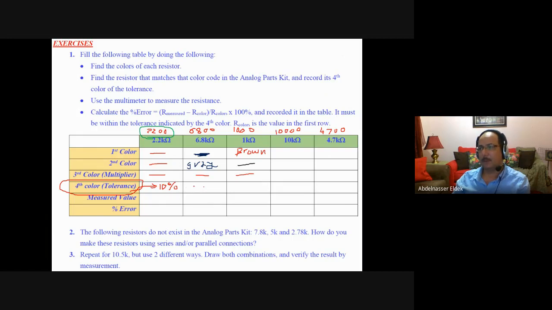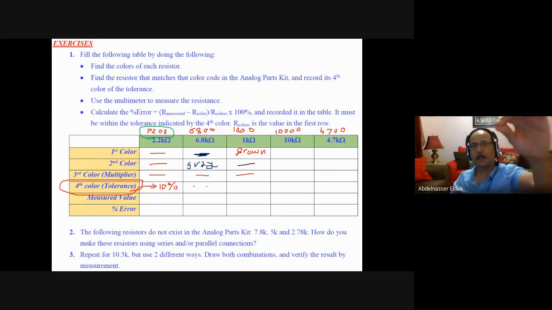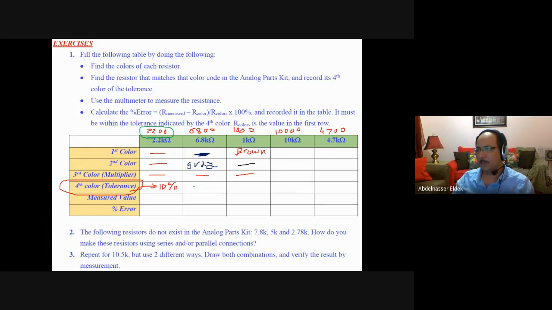Okay, and so on. For 6.8, it is gold also, so it's 10%, and so on.